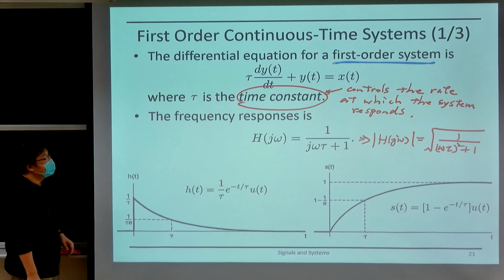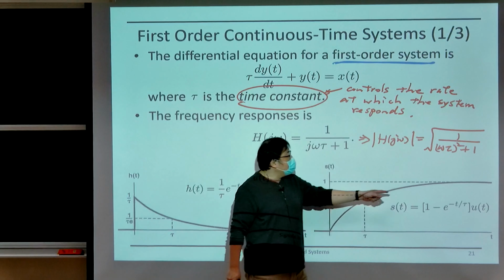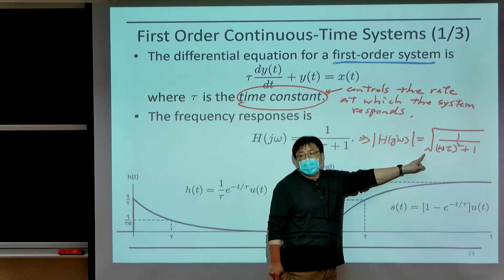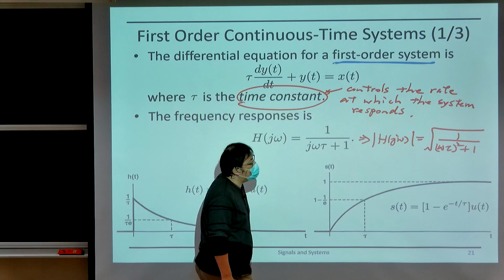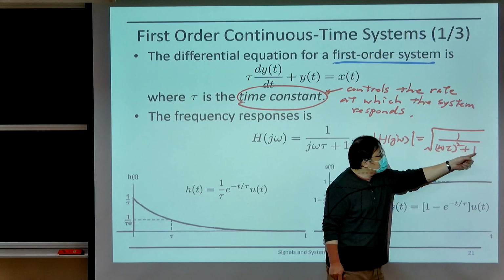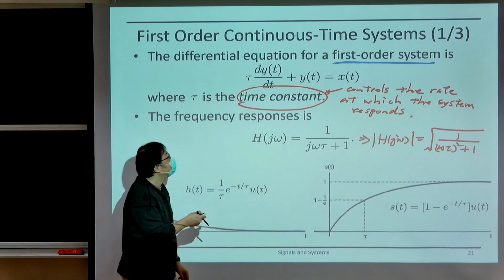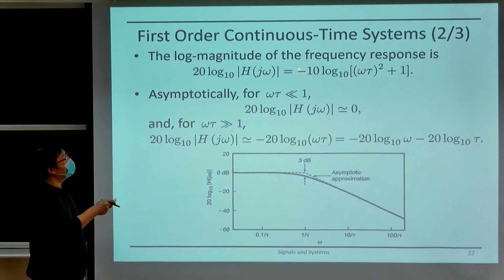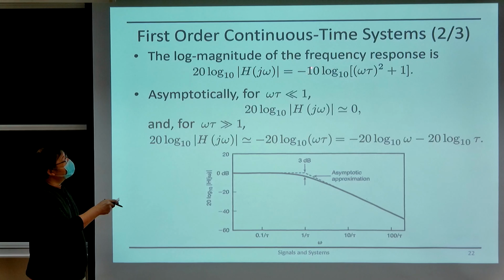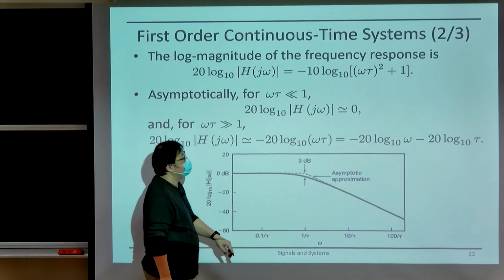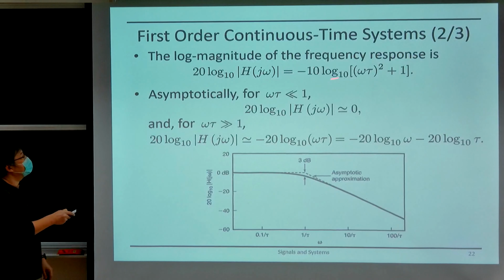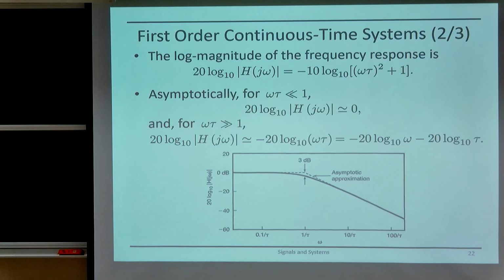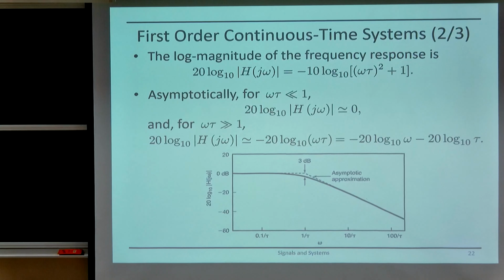So if you take 20 log 10 of this, the square root brings a 1/2 outside, and 1 over this brings a minus 1 outside. So you get a minus 20 times 1/2, which is 10, of log 10 of the denominator here. So this is the log magnitude that you get in the Bode plot.